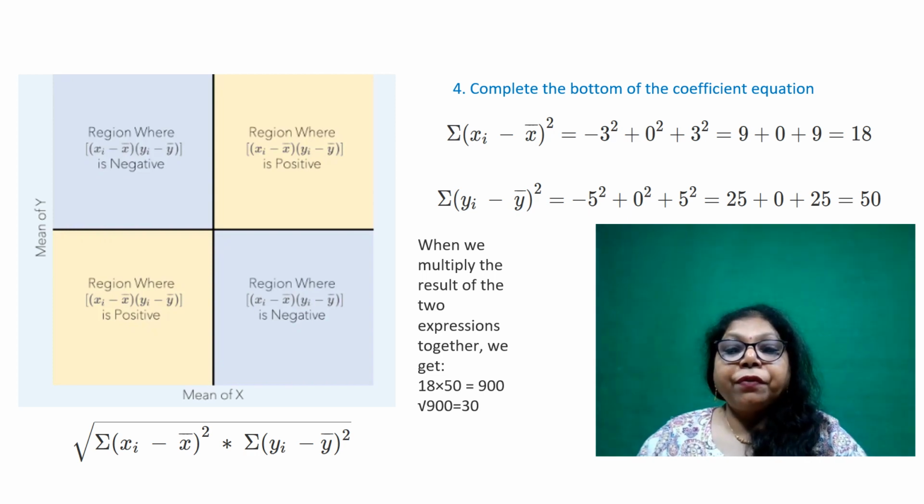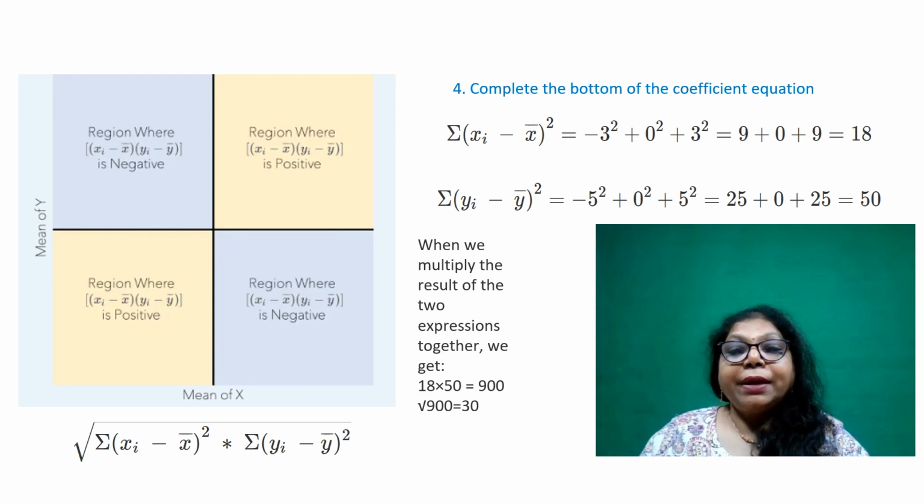Now, coming to the fourth step, we will complete the bottom of the coefficient equation. The denominator of our coefficient equation is the square root of summation xi minus x bar whole square, into summation yi minus y bar whole square. Here, for xi minus x bar we have seen minus 3, so its square is 9, then 0 squared, and 3 squared, which is 9, so it comes to 18.